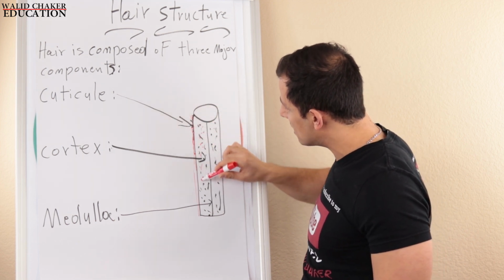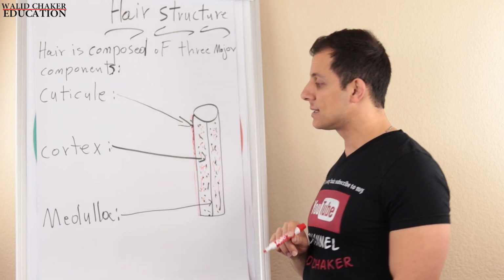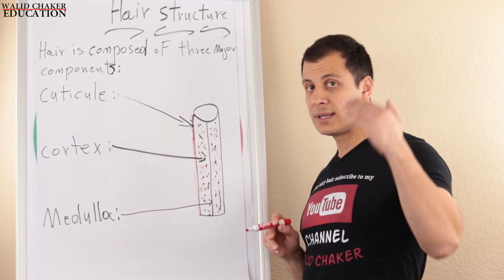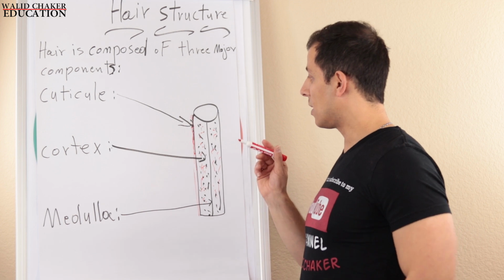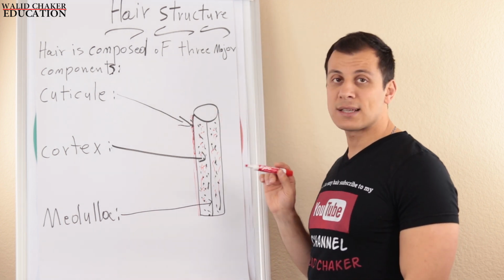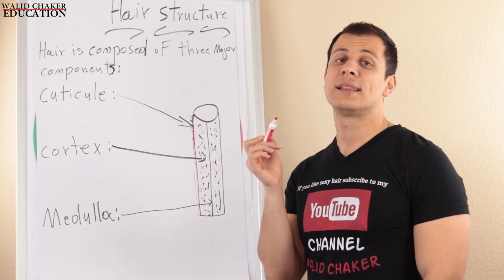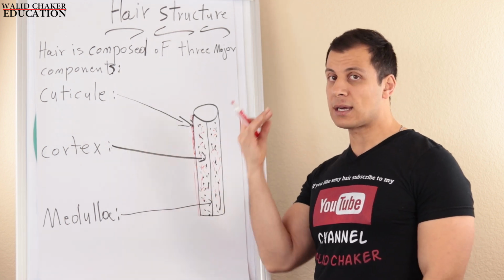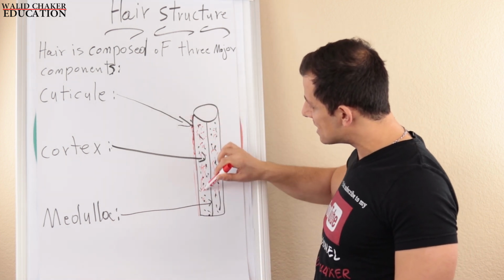And the cortex is, you see those black points or dots? I'm gonna put some red dots. You see all this area here? Okay, this is the cortex. And the cortex is the second layer under the cuticle, okay? And this is the one that contains the melanin, which determines what the hair color is going to be. So when we put any color on the hair, the color is going to live in the cortex.